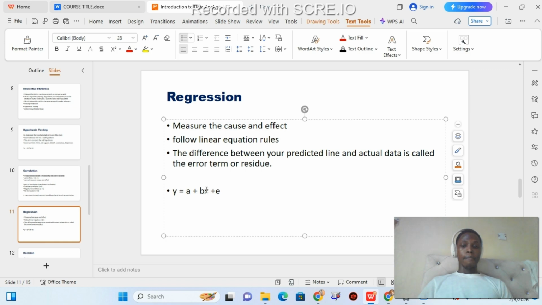Now the other part is this variable x that you are seeing. There is something at the front. What do we call this b in mathematical terms? It is in front of the variable.